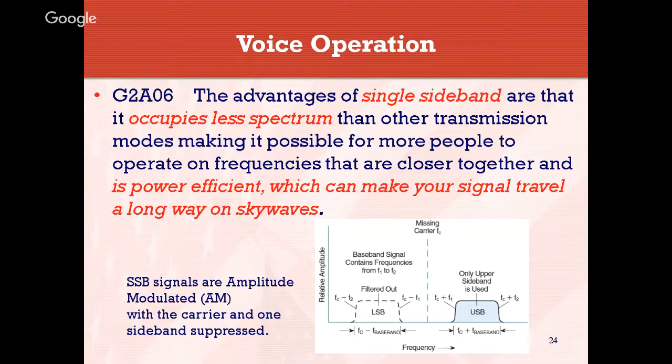But it's rare that you will ever hear an AM signal on, say, 40, 20, 15. The AM signals you're going to hear on 40 are typically the broadcast stations, but you might occasionally hear an AM ham signal on 40 meters, but you rarely will hear them on, say, 20 or 15 or even 10. But at any rate, we're talking about single sideband here.